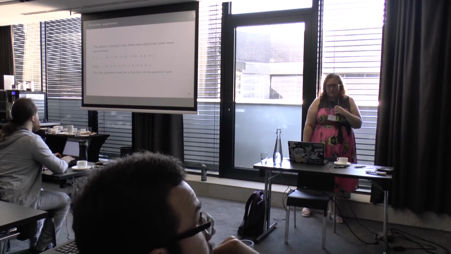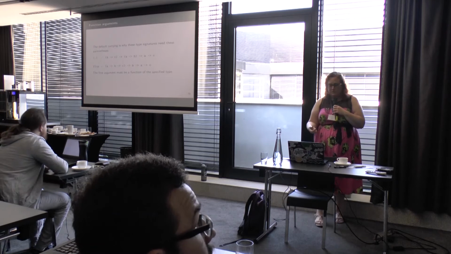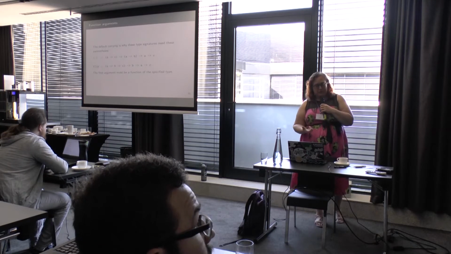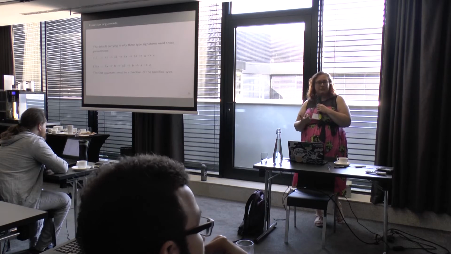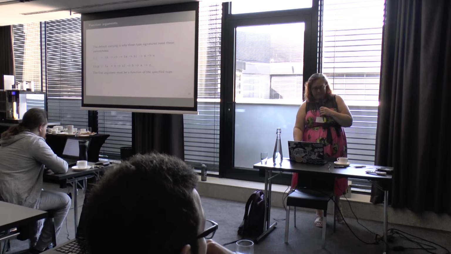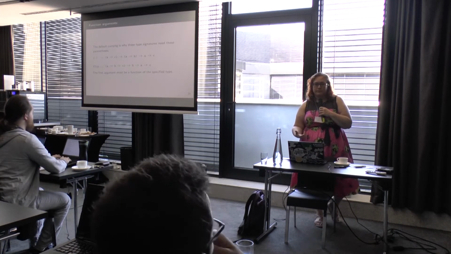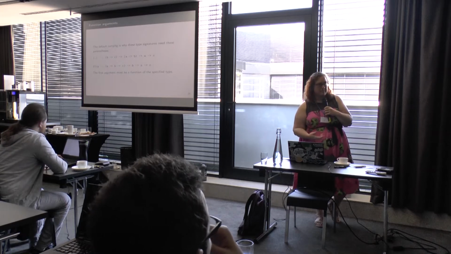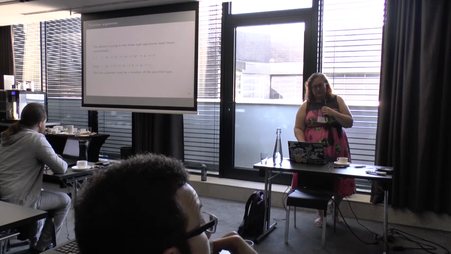All right, so the default currying is why these type signatures do need parentheses, right? Because the first argument to the dot and the second argument to the dot do have to be functions themselves. And the first argument to flip has to be a function. So those parentheses are not superfluous.